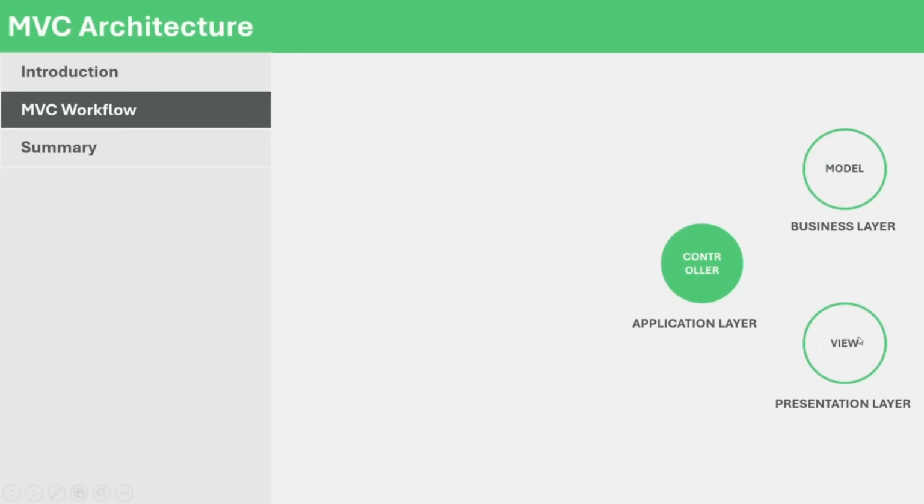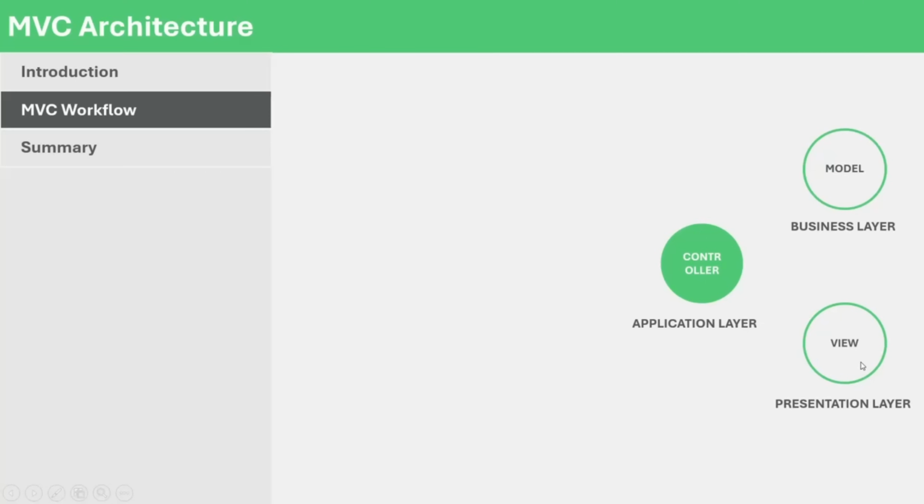Then we have the view. The view is the application's presentation layer, and its sole purpose is to display data to the user and present the user interface. It should not contain any application logic and it should only react to data passed to it from the controller. In an Express.js application, the view is a template file that Express renders and sends as an HTML response.